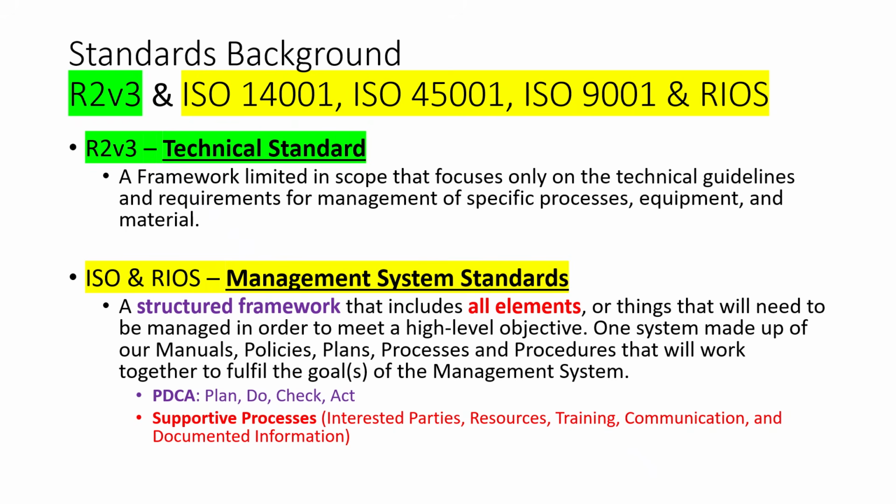And then we have act, which is where we'll go back and either correct or improve on whatever it was that we did, subsequently taking us back to the first phase, plan, where we would repeat the cycle. So, this is a risk based approach to management that is centered on continual improvement, which is why both ISO and RIOS have adopted it.